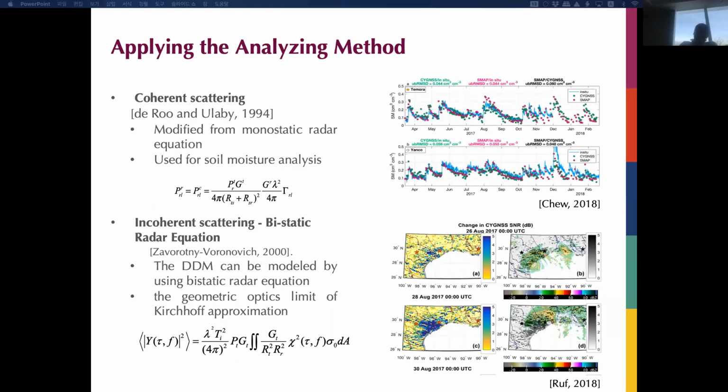In scattering theory, there are two types of scattering. One is called coherent scattering, and the other is incoherent scattering.